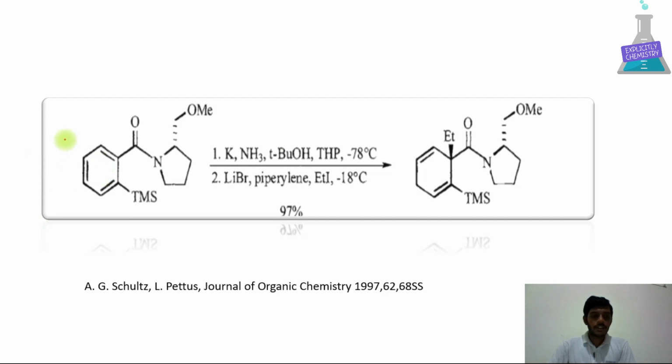You see, this is another example which is taken from JACS. This is a starting material. We are reacting with potassium in presence of liquid ammonia. There is an alcohol, tertiary butanol, and THF, which is a solvent. So this is the Birch reduction.